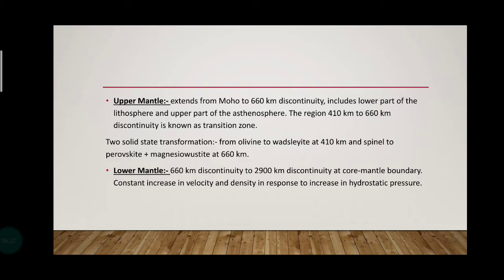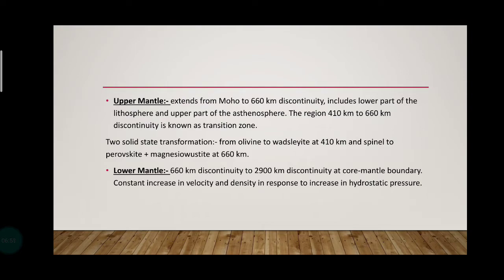There are two solid state transformations in this transition zone. First is from olivine to wadsleyite at 410 km, and at 660 km from spinel to perovskite plus magnesiowüstite.